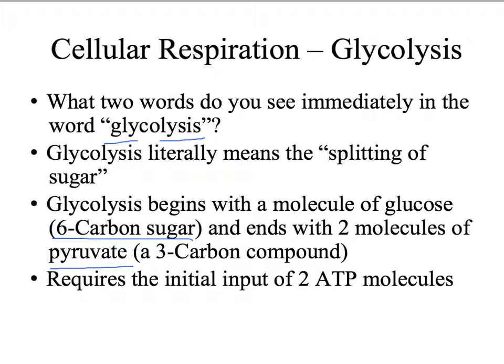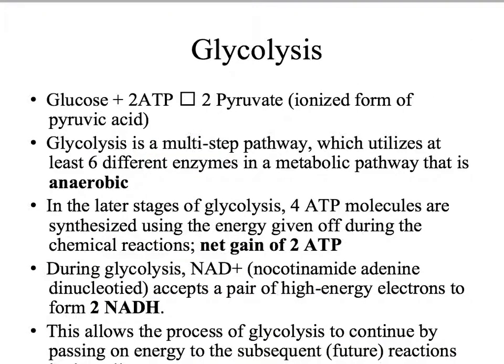We need a little bit of energy to get started, but as you'll see later on, we get a lot more out of it than the initial 2 ATP we have to put in. So the formula for this is glucose plus 2 ATP, and you end up with 2 pyruvate, which is basically an ionized form of pyruvic acid.